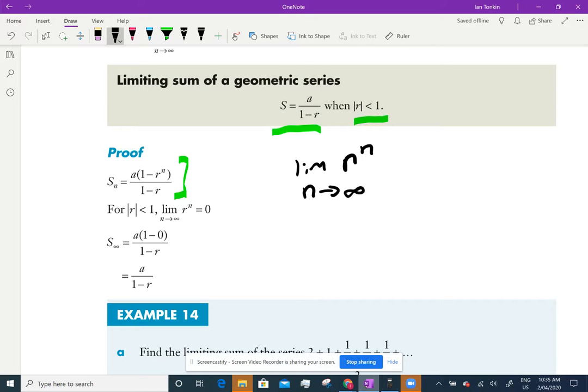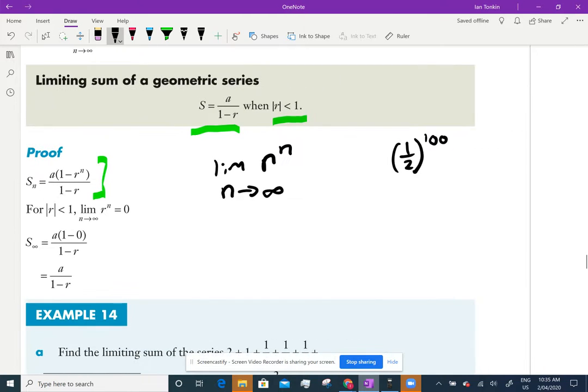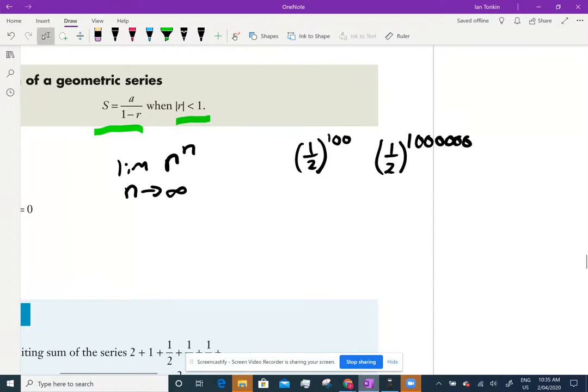So imagine you've got a half, which is that series we were talking about earlier, and you do a half to the power of 100, or even a half to the power of 1,000,000. It's going to get very, very close to 0. So we say the limit is 0.